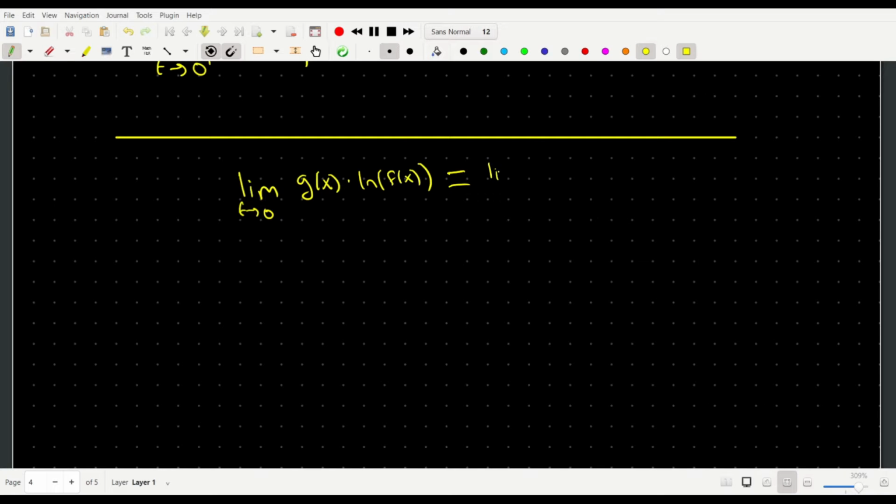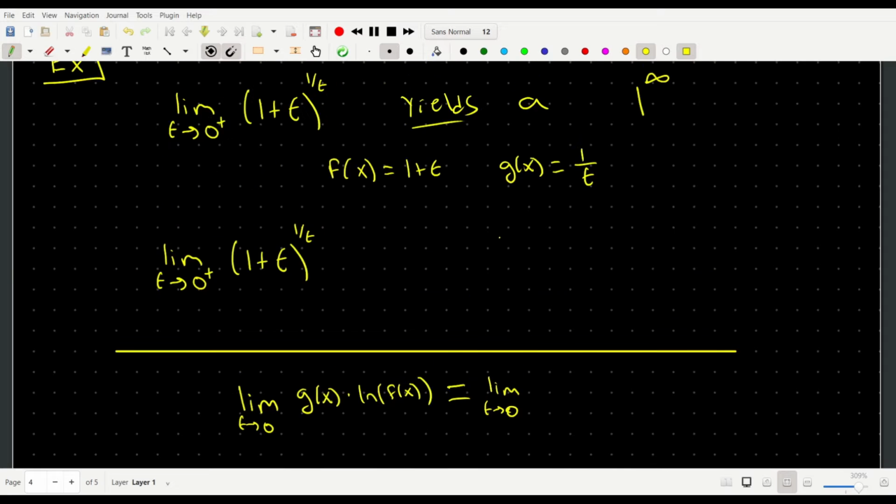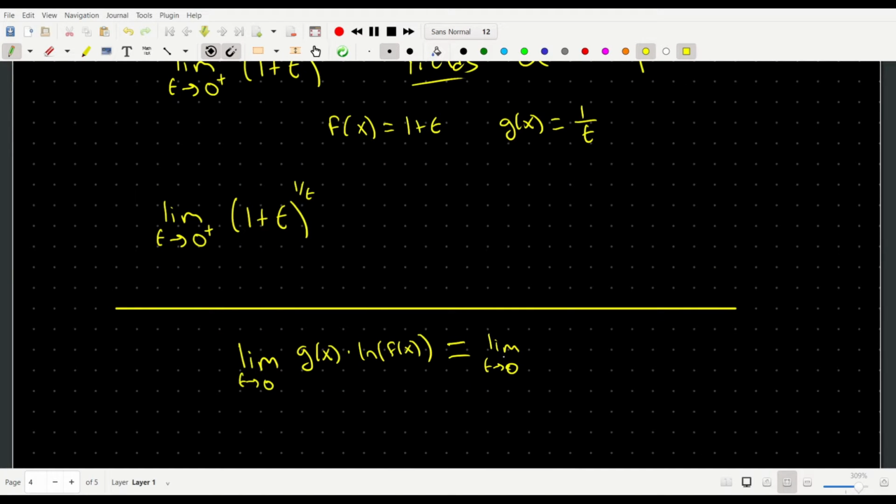Or the limit of, this should be functions of t, sorry, not x. The limit of 1 over t times natural log of 1 plus t.